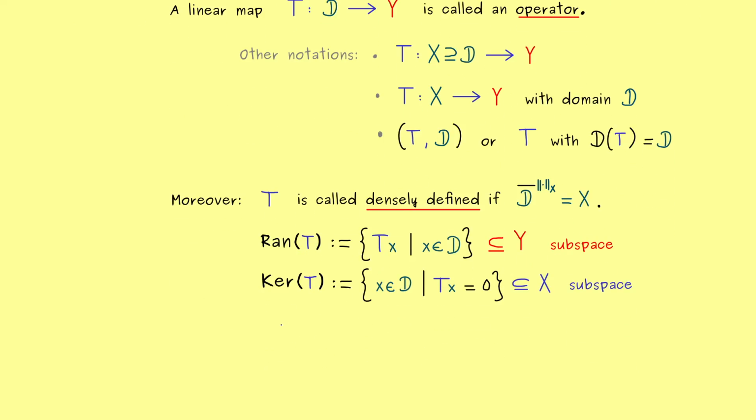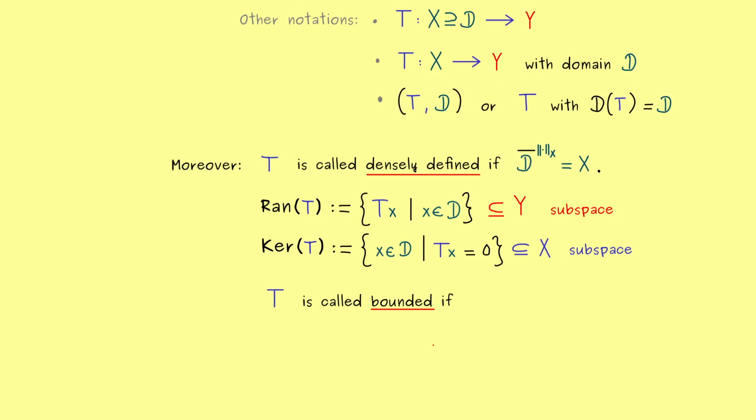And now in the next step, we can finally recall the definition of boundedness. And then, of course, if you know what bounded means, you also know what unbounded means. So now bounded means we find a constant C, which we can choose greater than 0, but it should be a finite number. And now for every point x in the domain, we can calculate Tx in the norm of y.